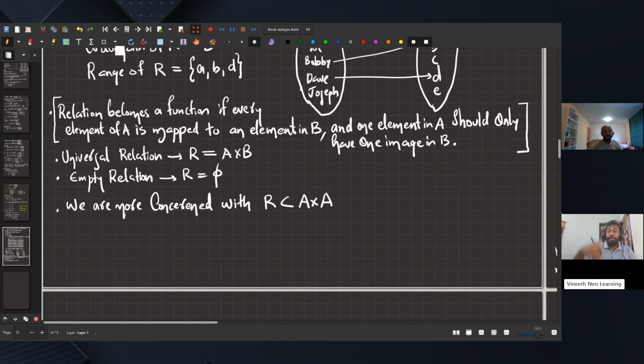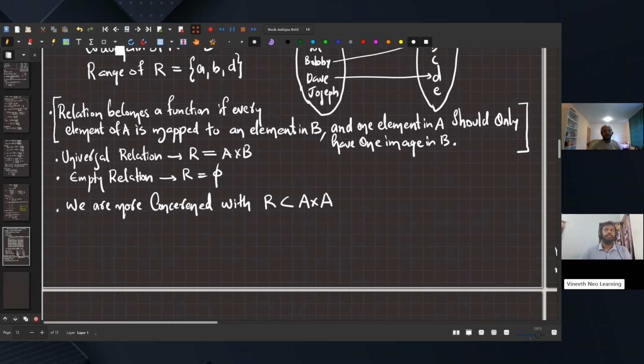But in computer science, if you are talking about coding and writing algorithms, the relation between two sets comes up often. But in pure mathematics, many of the relations we are concerned with are actually between elements of the same set.